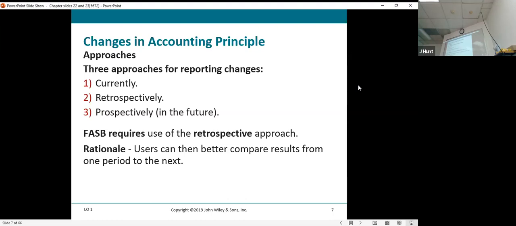So there are the three approaches, but FASB requires the retrospective approach. So they actually require for a change in accounting principle that we go back, right? And again, the reason is comparability. Because if we just change the number today, and when you see financial statements, they normally have a comparative number.